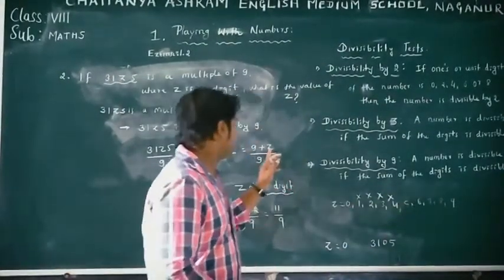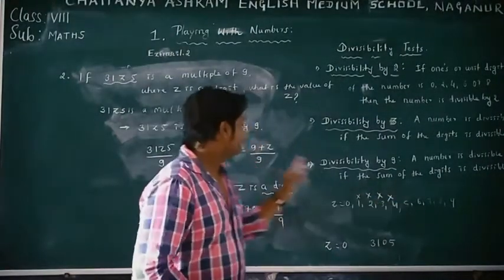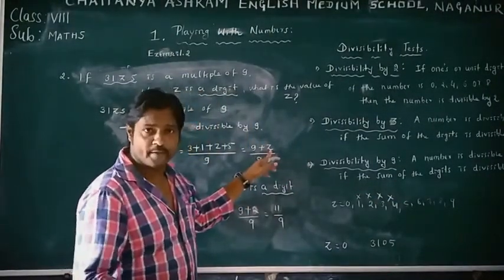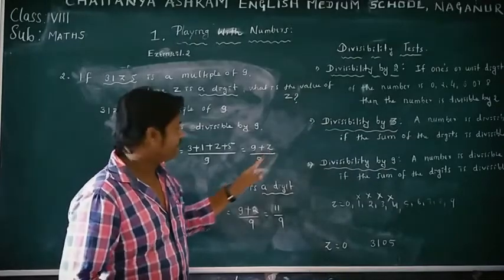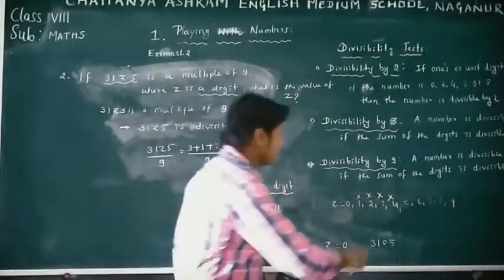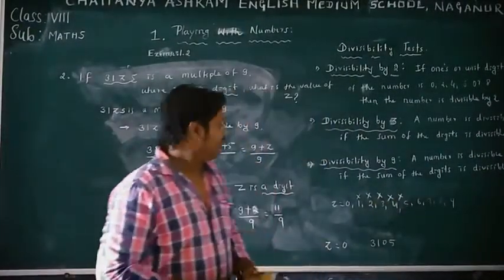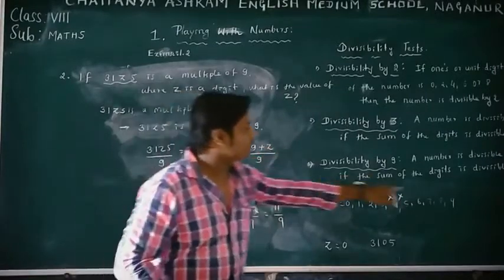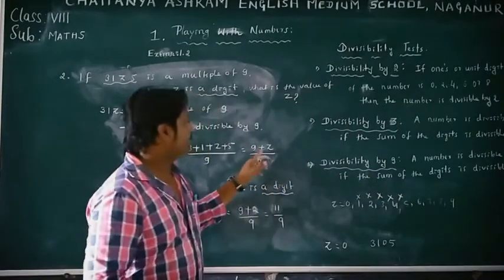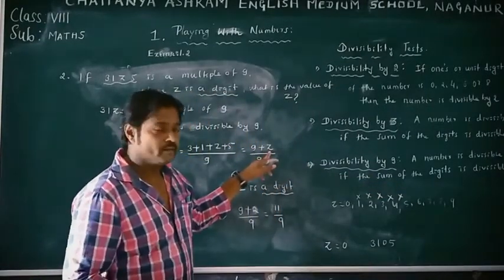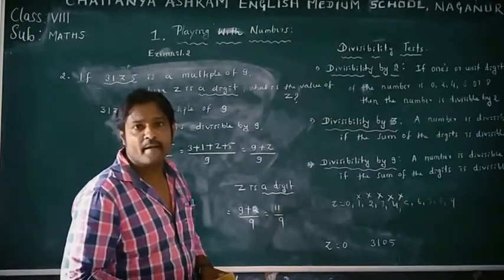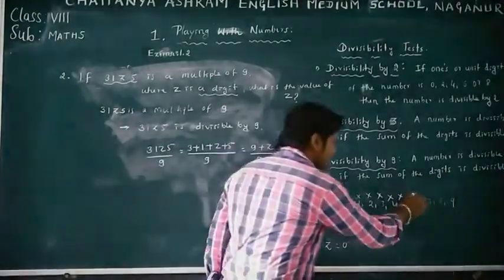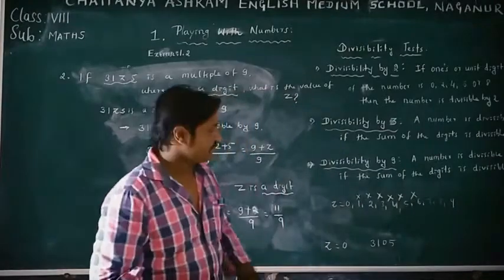Take Z equal to 5. 9 plus 5, 14. 14 is not divisible by 9. So this is also not possible. Take Z equal to 6. 9 plus 6, 15. 15 is also not divisible by 9. So this value is also not possible.